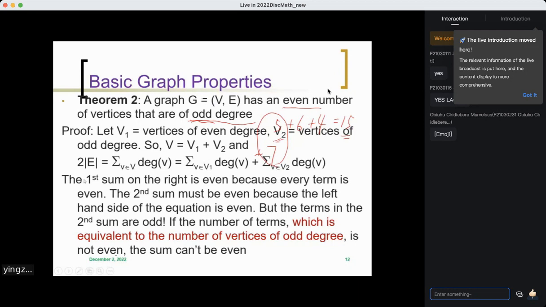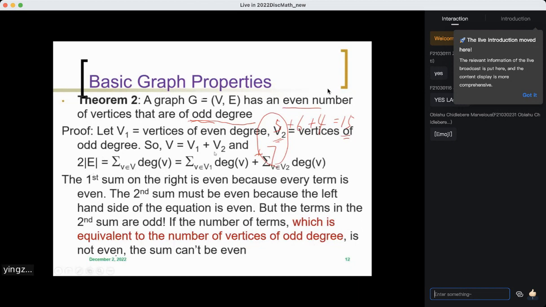Because all the degrees sum to two times the number of edges, we can split the degrees into even degrees and odd degrees. All the vertices are V1 plus V2, and the degrees of V1 and V2 all together are a double, a double edge count, so it is even.